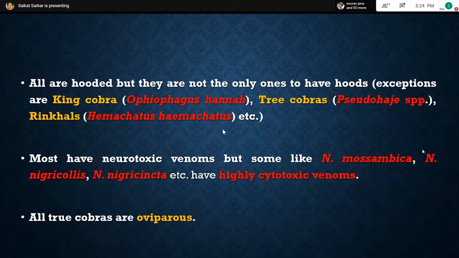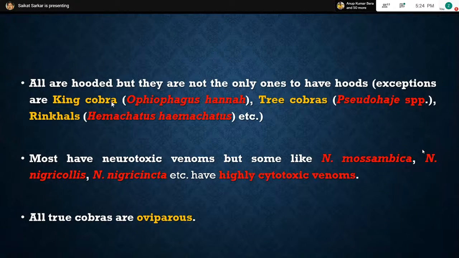All the cobras are hooded, but not all the hooded snakes are cobras. Understood? All the cobras must be hooded, but not all the hooded snakes are cobras. Examples: king cobras.